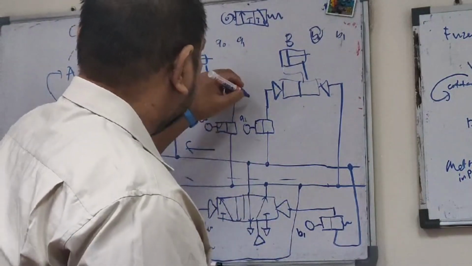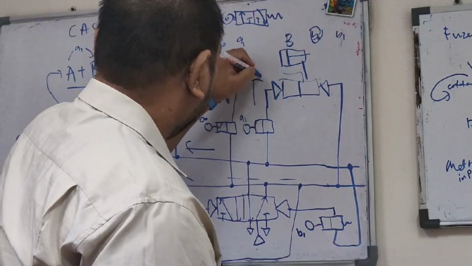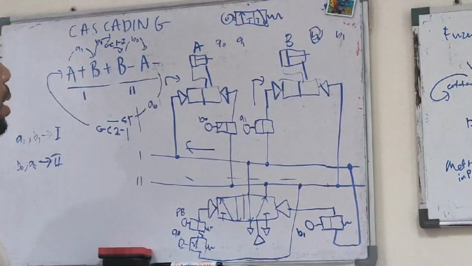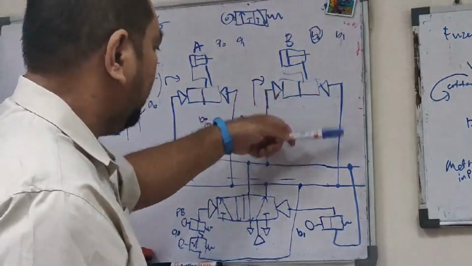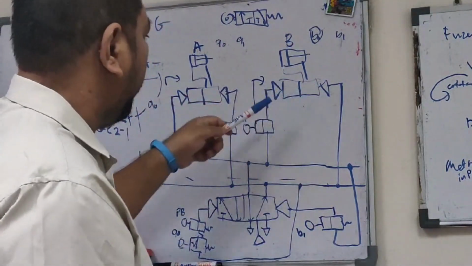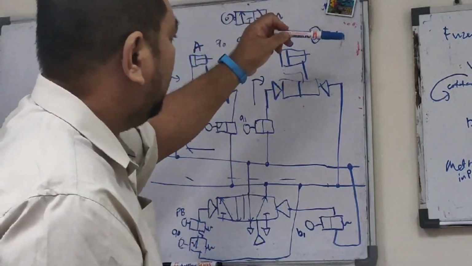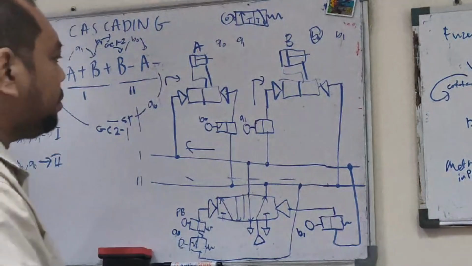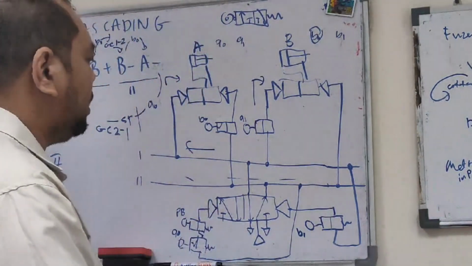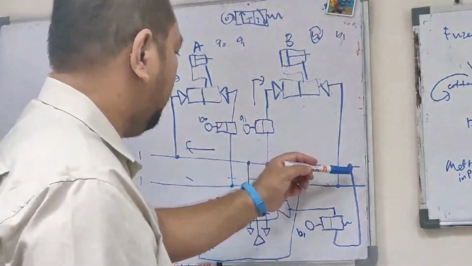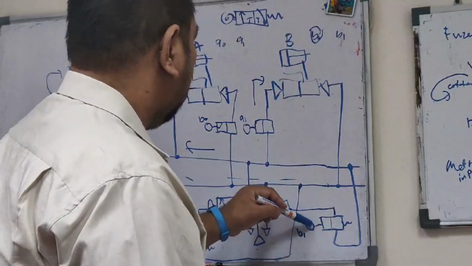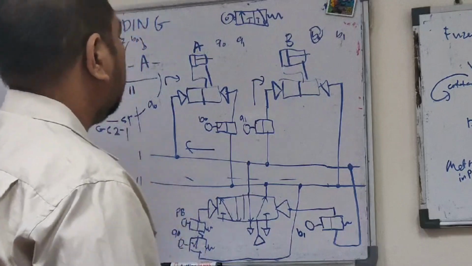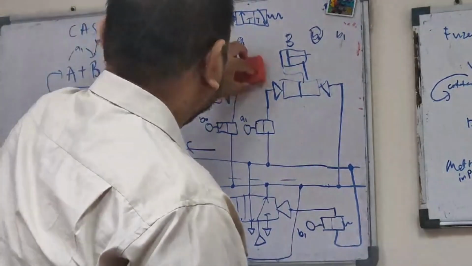It is in group 1, so this will activate on the left side. There is no power in group 2, so there is no overlap. So B will extend to B1. When B extends to B1, B1 is activated, and it will change to group 2.